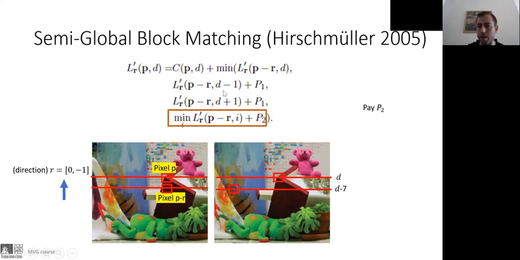D is disparity. P minus R is my neighbor pixel from the row before that I know all of its cost values. And now I want to consider the cost value for pixel P with disparity D. So I need to get its value considering smoothness in direction R. Again, D is the disparity value, right?